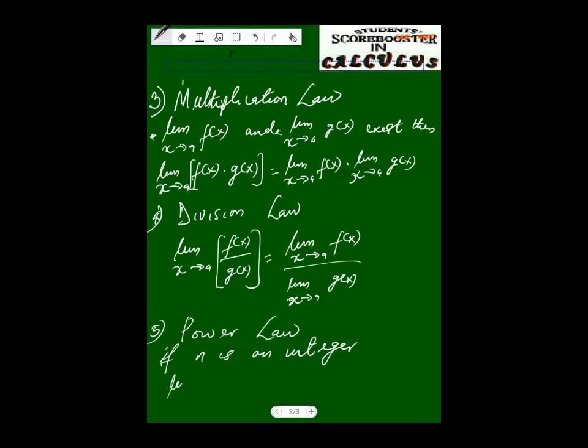So the limit as x tends to a of f of x, raised to power n, is the same as the limit as x tends to a of f of x, then everything raised to power n.